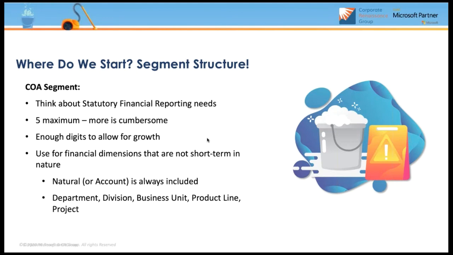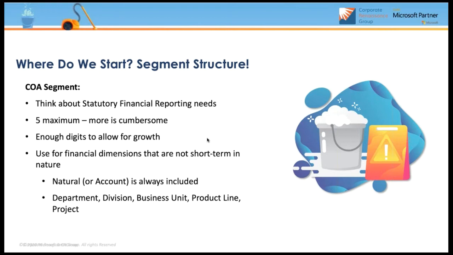One of the things that I really point out is that where a segment comes in on the chart versus analytical accounting, for me comes down to, is that dimension going to be there forever? As long as we run this business, will we report that way? Is it a long-term dimension? And long-term stuff like cost centers, departments, maybe projects, business units, those are ideal in a COA segment.